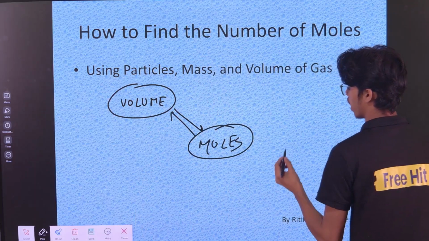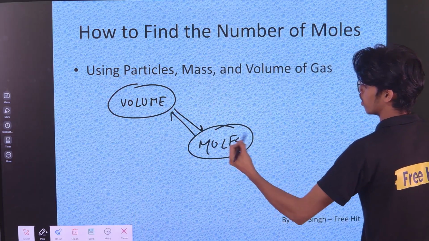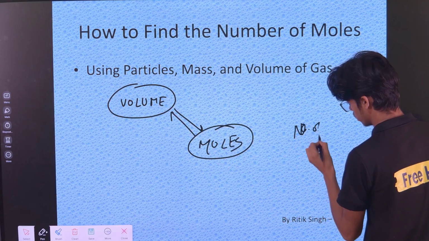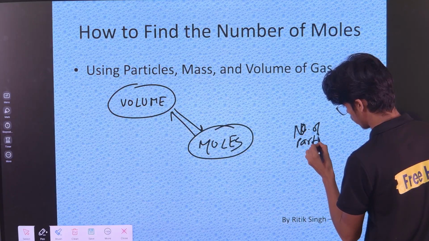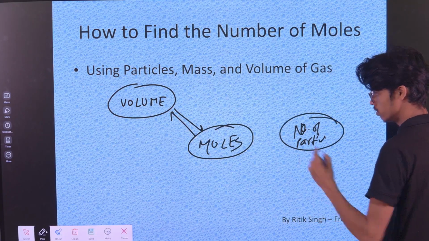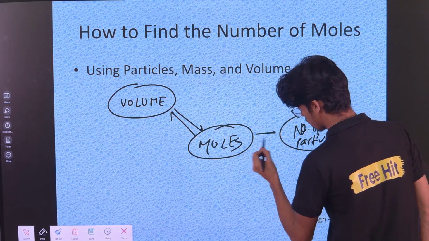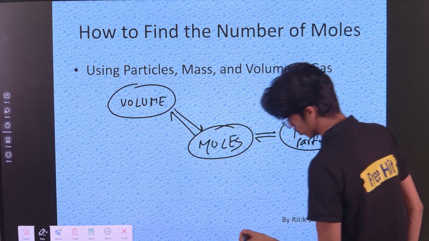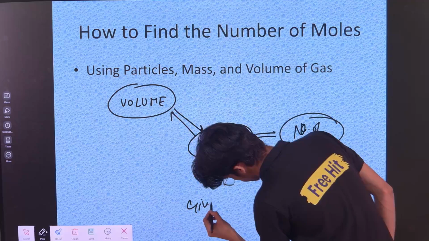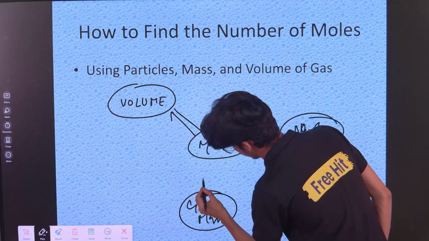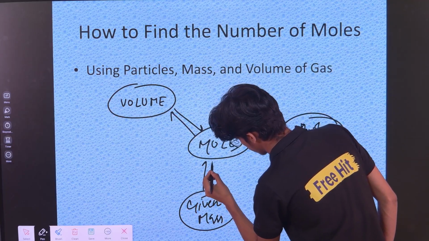Again, you can find the amount of moles from the number of particles. So you can go from moles to number of particles, or number of particles to moles, both. And from given mass also, you can go to number of moles and then come back.